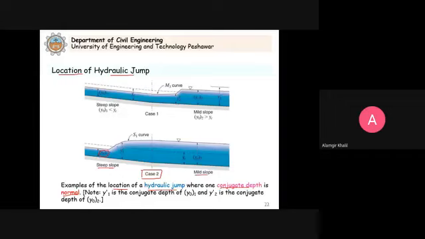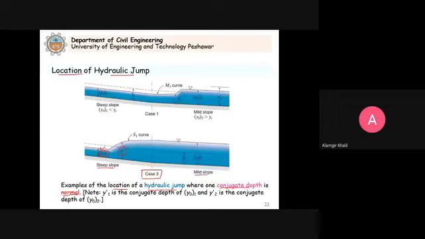Now on the normal depth, this is, let's say, your y1. Now you can calculate the conjugate depth. This is now the conjugate depth. Why? Because we are assuming this is the hydraulic jump, and this is the depth before the jump, and this will then be the depth after the jump. So you can apply the theory as we developed the equations.